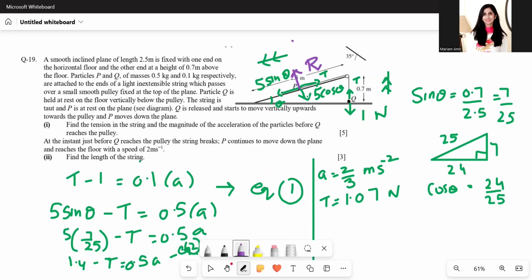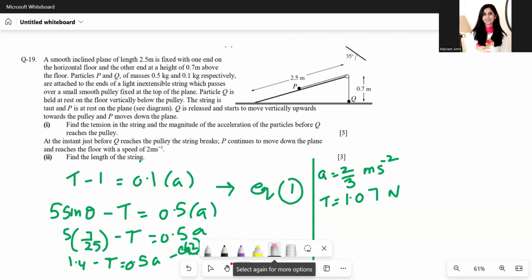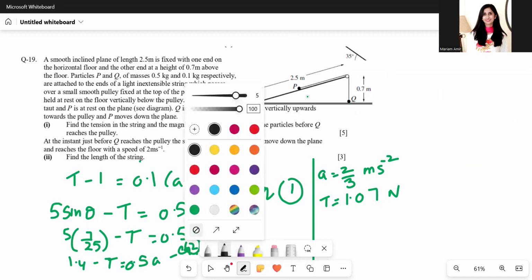Okay, next it says, at the instant just before Q reaches the pulley, the string breaks. P continues to move down the plane and reaches the floor with speed 2. Find the length of the string. Okay, so let's clear this. Okay, so Q reaches the top. So Q would be here.